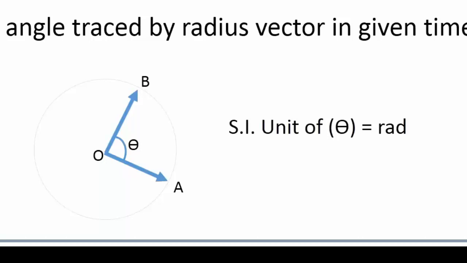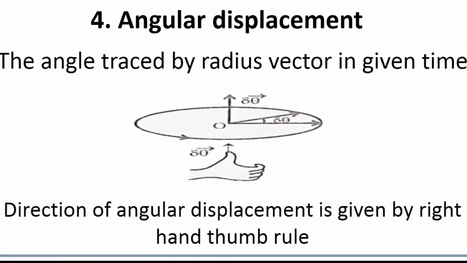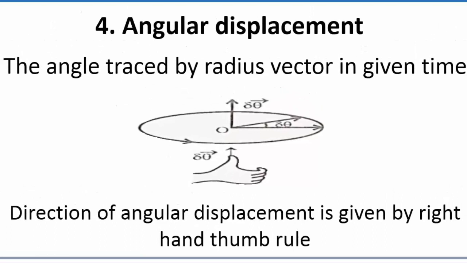The direction of angular displacement is given by right hand thumb rule, which says that if curled fingers of right hand are in the direction of movement of a particle performing circular motion, then the stretched thumb gives direction of angular displacement.